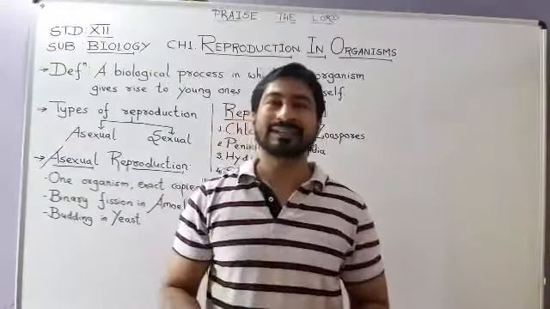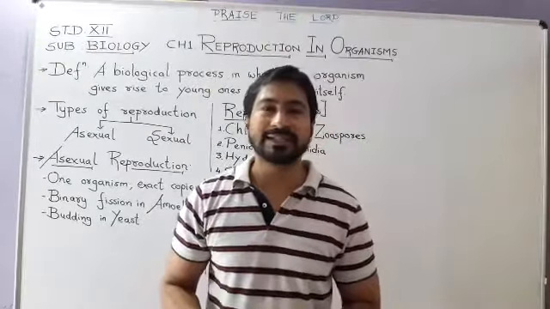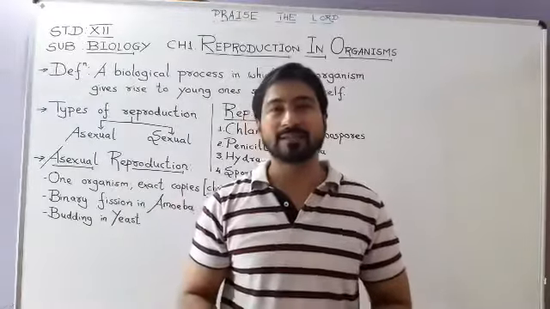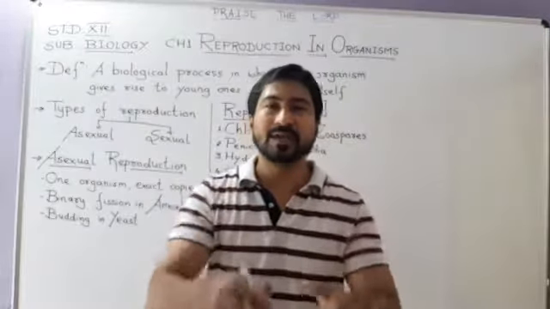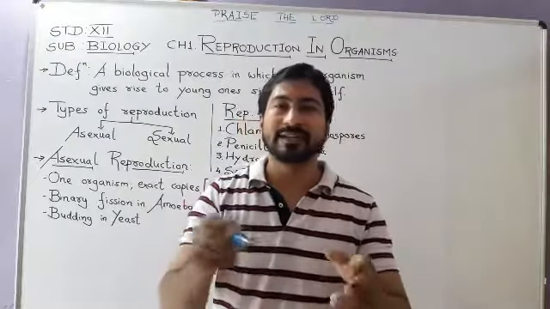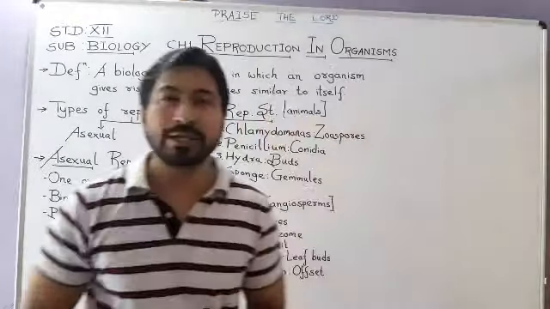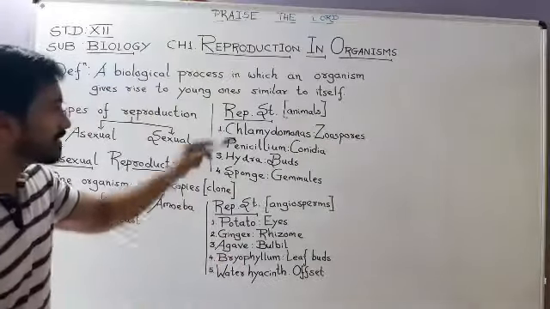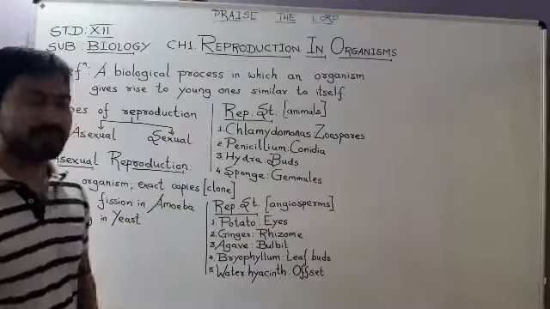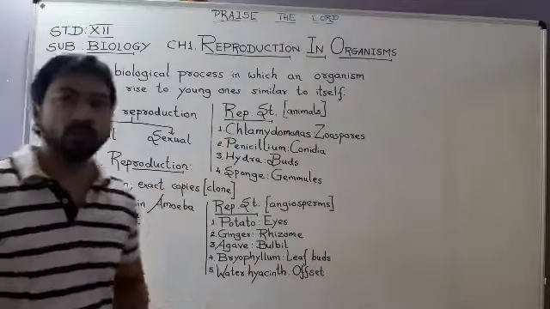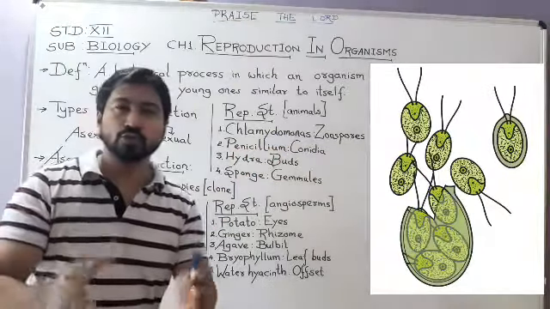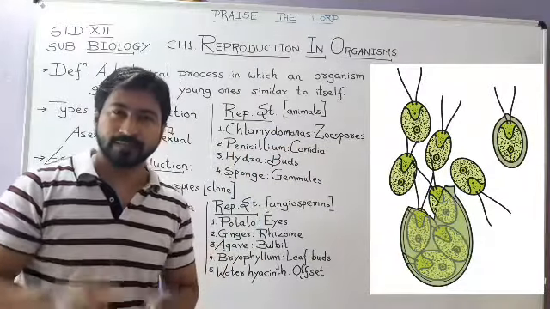Now, along with asexual reproduction in the amoeba and yeast, there are various other organisms that have specialized reproductive structures for the purpose of reproduction. Let us go into the crux of it. Among the simpler organisms, Chlamydomonas possesses zoospores.